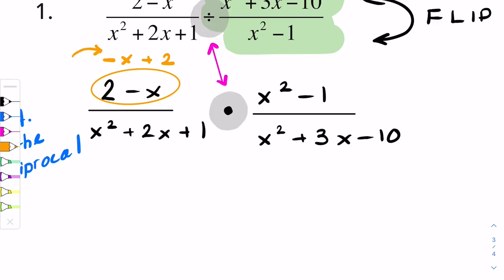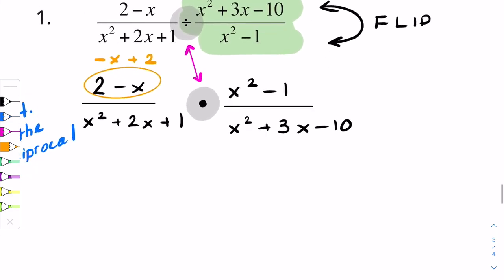So when I'm factoring this expression, I'm going to factor out a GCF of negative 1. That gives me negative 1 multiplied by (x minus 2). That's my first numerator. I know that's a little tricky, so you might need to rewatch that part of me explaining that. I just converted to standard form, and then I factored out a GCF of negative 1.